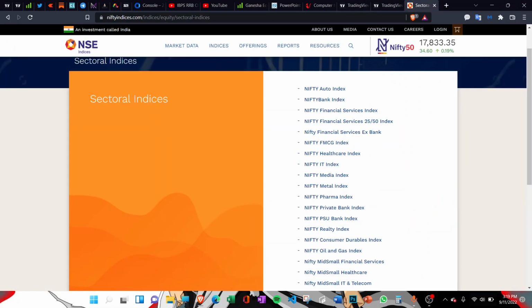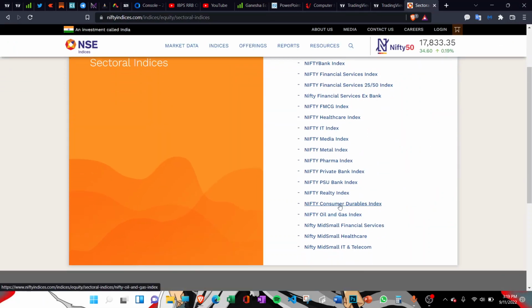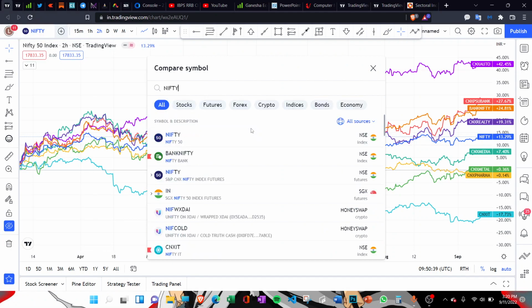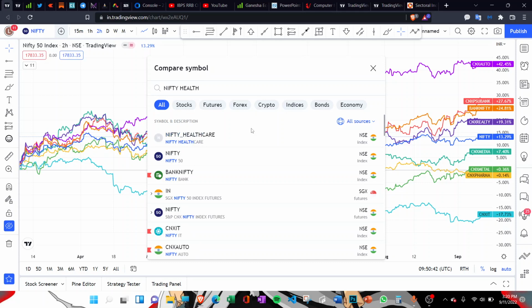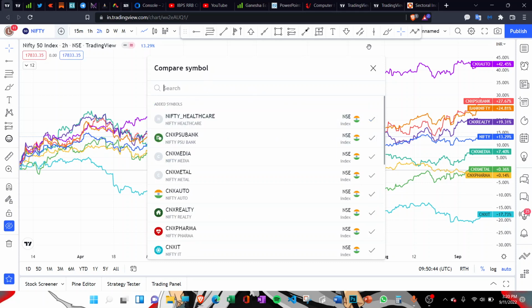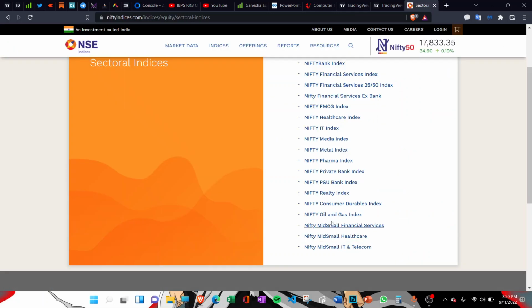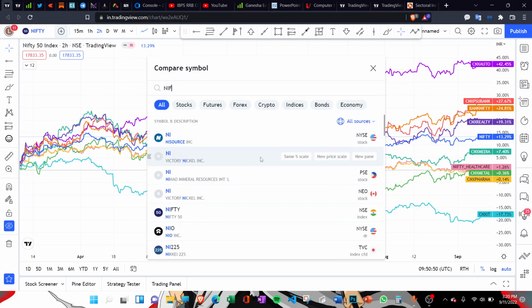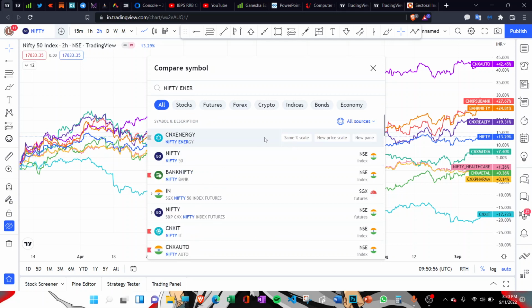I'm not taking the private banks. Then I will take the Nifty Healthcare index, and lastly we'll take Nifty Energy. Nifty Energy would be a better one.